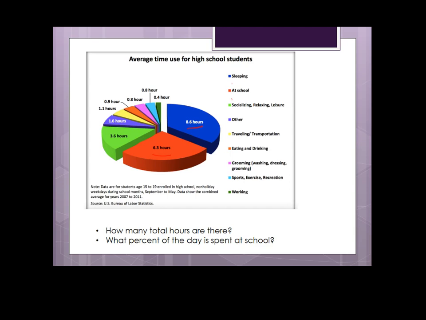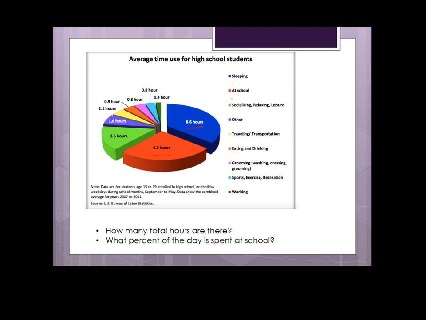So I got 8.6 plus 6.3, and going counterclockwise, plus 3.6 plus 1.6 plus 1.1 plus 0.9 plus 0.8 plus 0.8 plus 0.4.